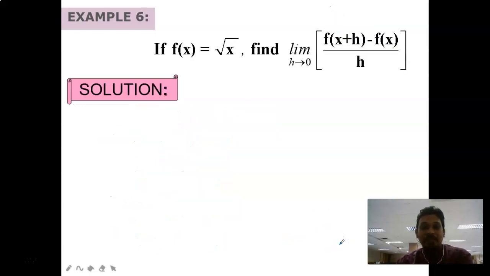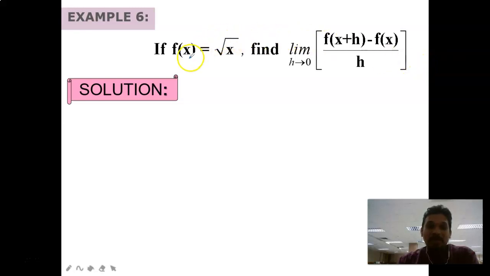Next, class, if you recall from your previous knowledge, if you look at this form, this function here reminds us of what we call differentiation. Yes, limit is the beginning of the topic of differentiation.